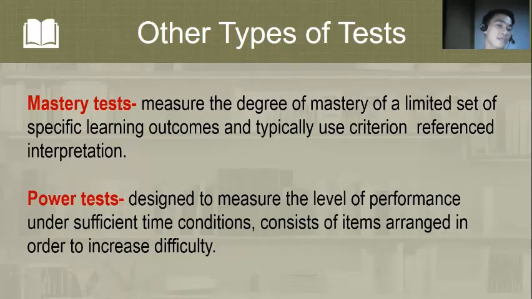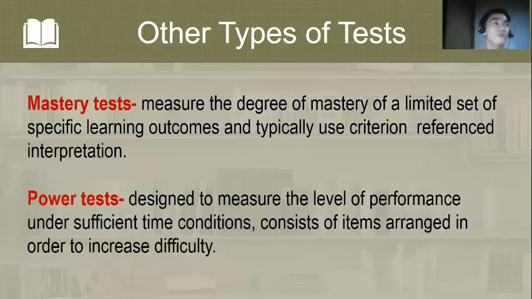When we talk about mastery, we measure the level of mastery of the lesson. Power test, we measure the level of performance based on the increasing difficulty level. For example, easy, average, difficult. So that's an example of power test.